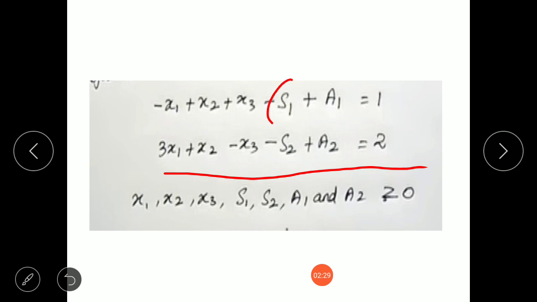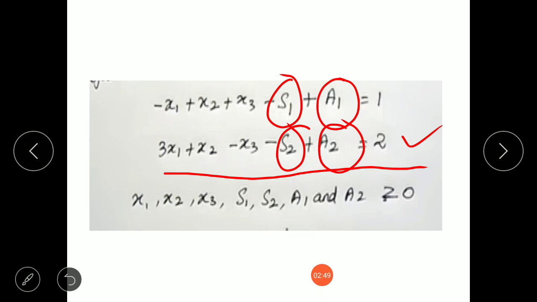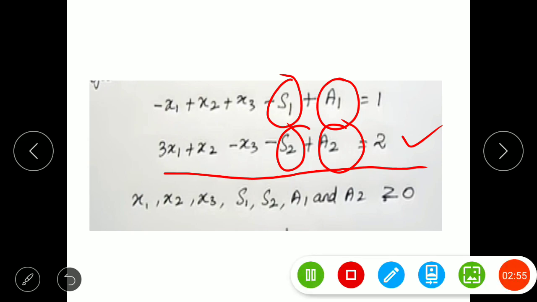So here S1 and S2 are the surplus variables and A1 and A2 are the artificial variables. So the equality constraint equations are minus x1 plus x2 plus x3 minus s1 plus a1 is equal to 1, and the second constraint equation is 3x1 plus x2 minus x3 minus s2 plus a2 is equal to 2.